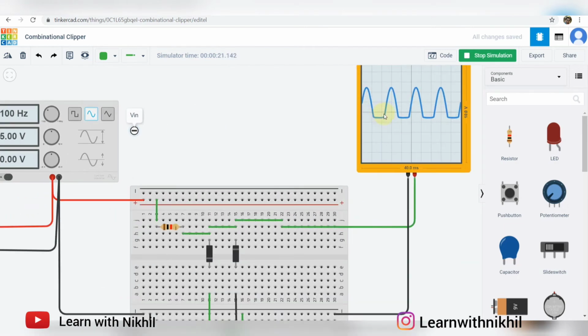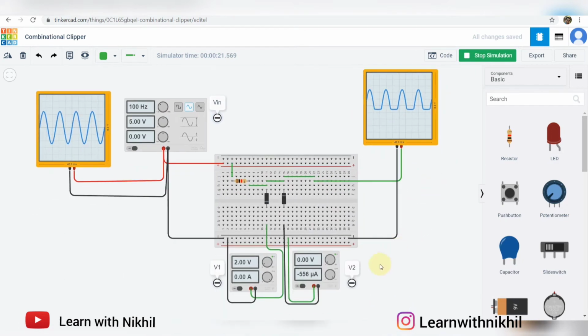Around 0.7 volts is required to turn on the diode. Now if I increase this a little bit, you can notice the negative clip is changing. So with this we can control the negative clipping. If I keep this voltage at 0, the positive peak is clipped, with 0.7 volts required to turn on the diode. If I increase this, you can notice the positive peak is changed.